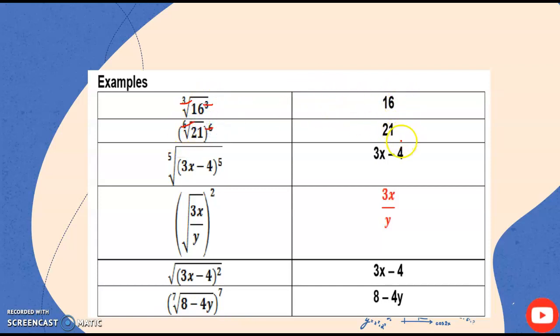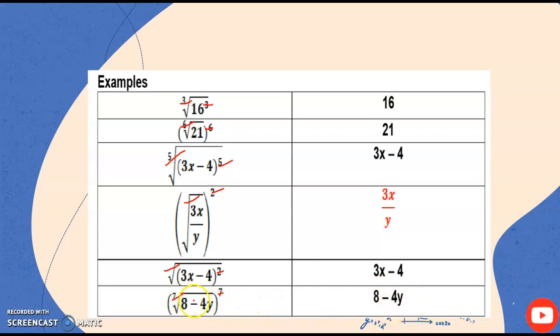You have 21. Cancel. You have 3x minus 4. Cancel. You have 3x over y. Cancel. You have 3x minus 4. Cancel. The 7 and the 7, you have 8 minus 4y.